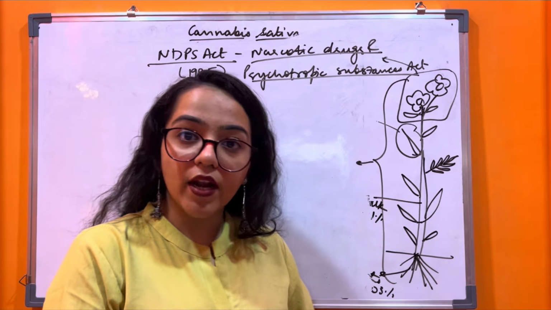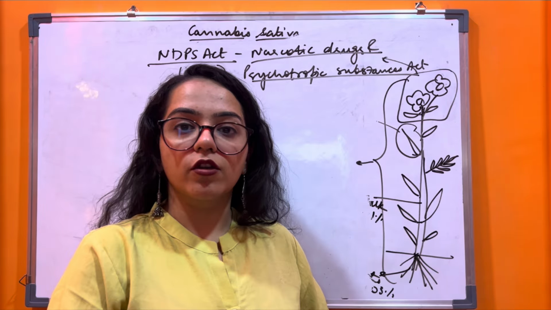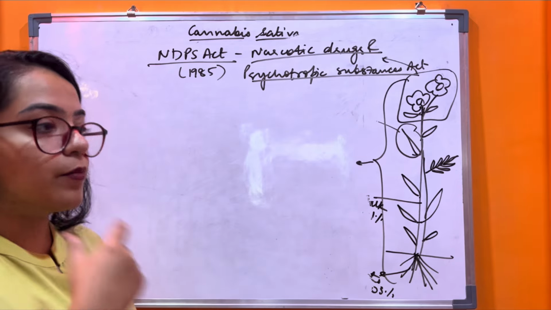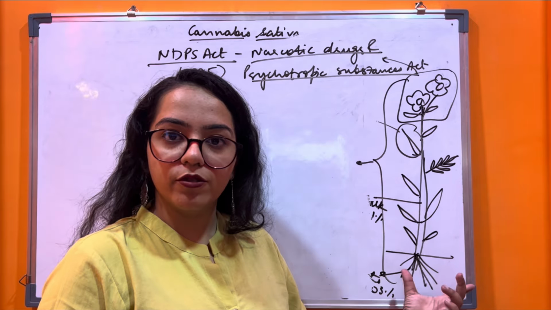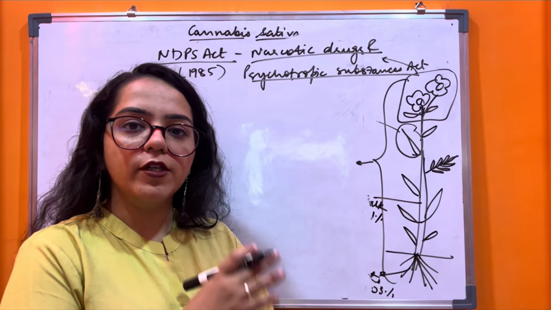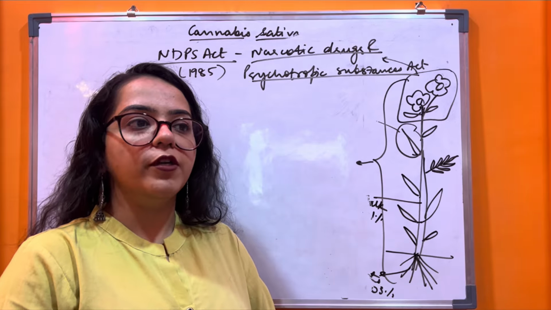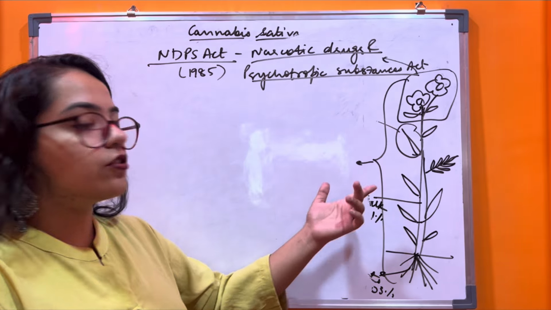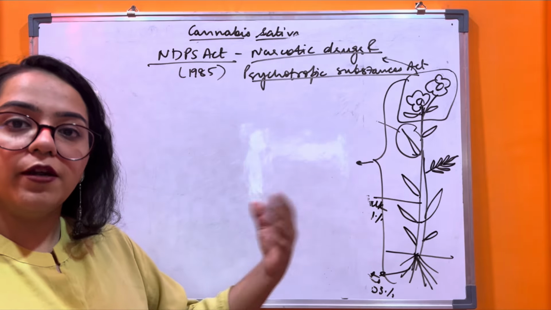Only the authorized persons or the authorized areas could grow legally these plants, because these have a potential of abuse, right? Because apart from all its medical uses, apart from its uses at hospitals in curing the diseases, these drugs are often abused and misused.